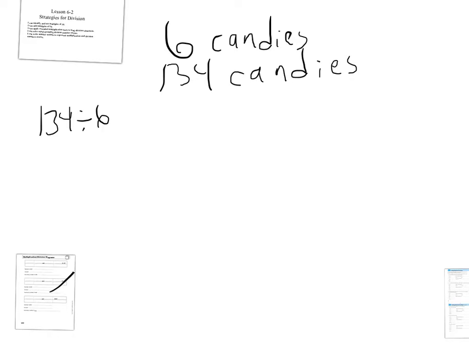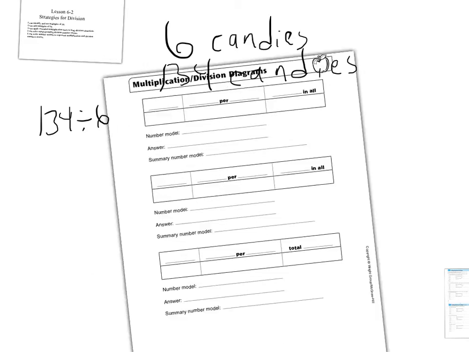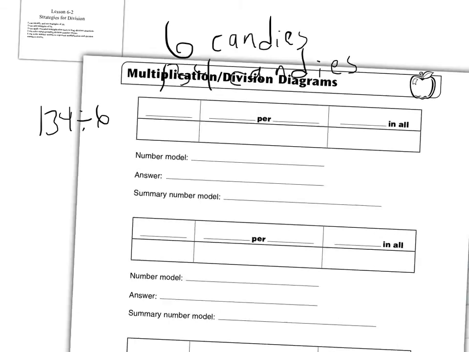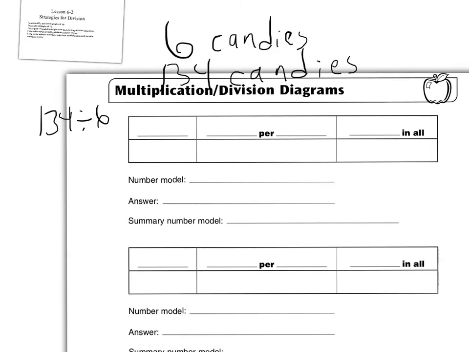I'm going to pull up a chart we used yesterday. This is our multiplication division diagram. We're going to fill it out to figure out what we are looking for. We know there are 134 candies in all.